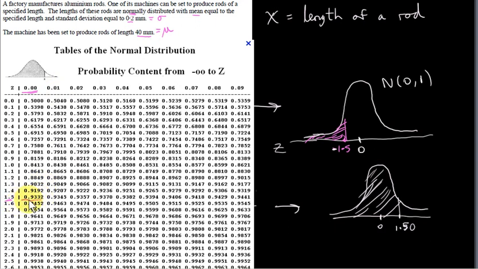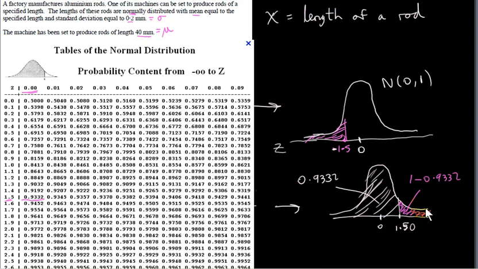So here's the value. So that's this area here. It's 0.9332.